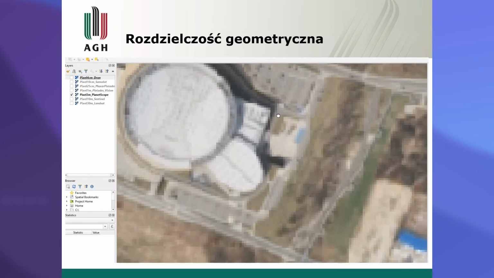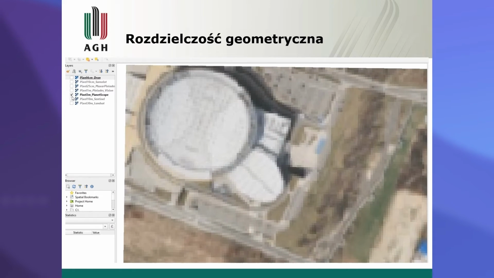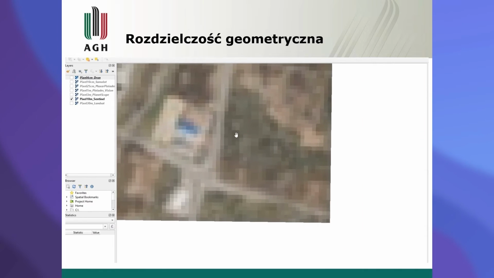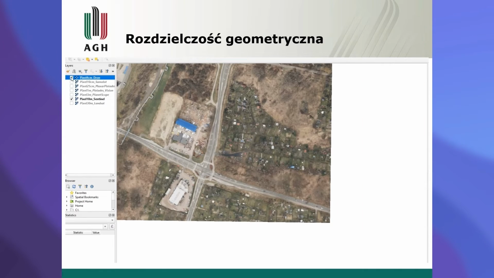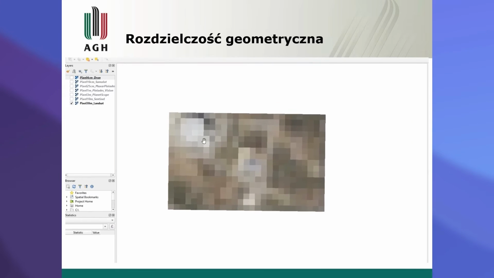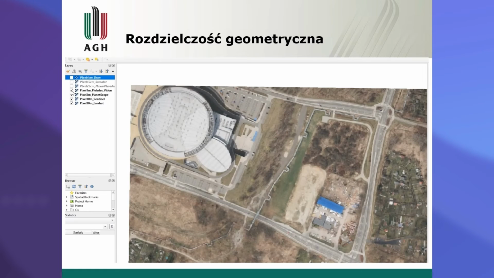But with a 1 meter pixel, well, we can identify objects. With 3 meters identification is possible, but we will not get detailed information. A 10 meter pixel allows us to identify only the largest objects, and a 30 meter pixel is used only for macro scale environmental analysis, because it contains information about many other channels.